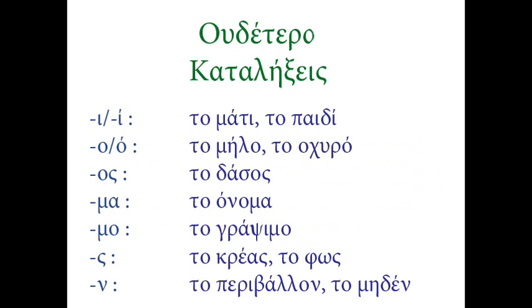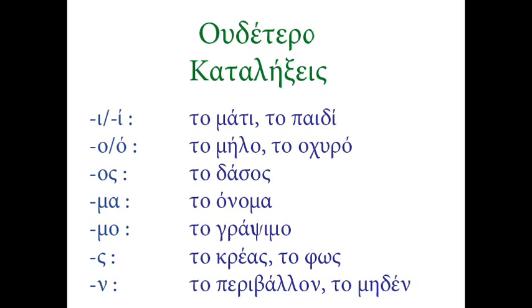And last but not least, we have the neuter nouns, and there are different endings. First, we have -ι or -ί with an accent. For example, το μάτι, which means the eye, το παιδί, which means the child. Then we have -ο or -ό with an accent. For example, το μήλο, which means the apple, το όχυρο, which means the fortress.